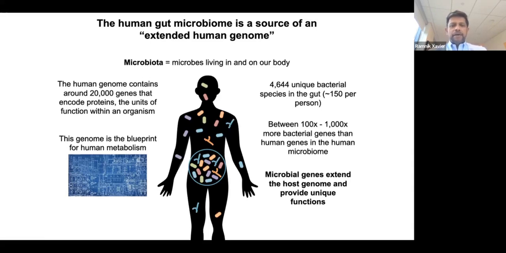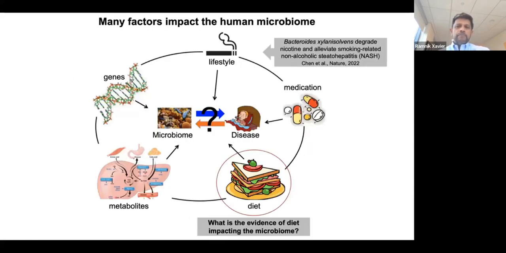And this is about how you count genes. And within these genes, they are found in something like 4,500 unique bacterial species in the gut. One way of looking at this is the microbial gene catalog then extends the human gene catalog and contributes to function.